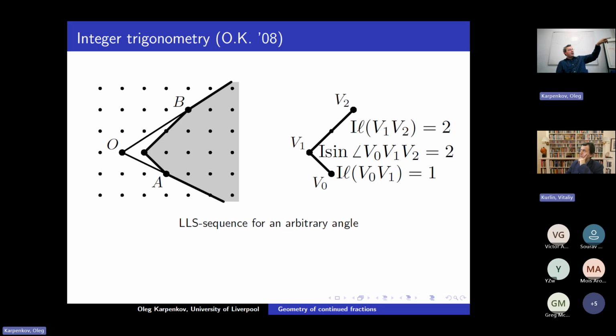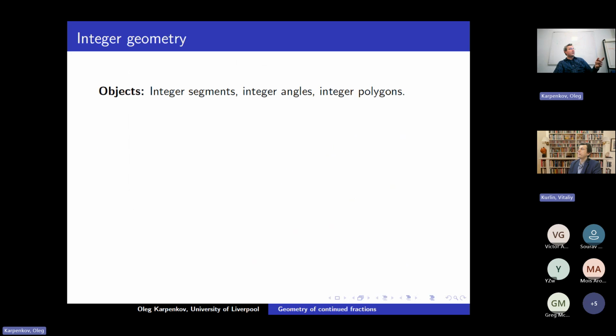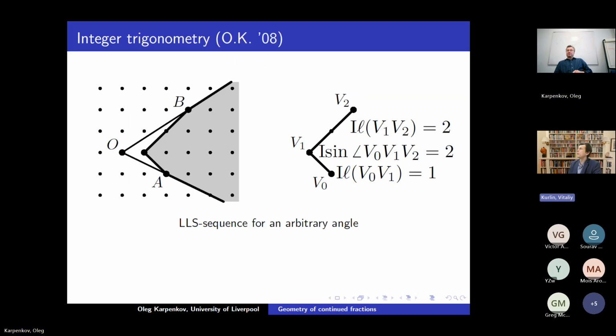The second is 2, because there is 1 point inside. And then we can compute the Bishop, the area of the angle. And the Bishop here is precisely the determinant of 1, 1 and 1, minus 1, which is 2. Therefore we have the LLS sequence equal to 1, 2. That's precisely the sequence for the picture we had before. So this angle is actually integer congruent to that angle.